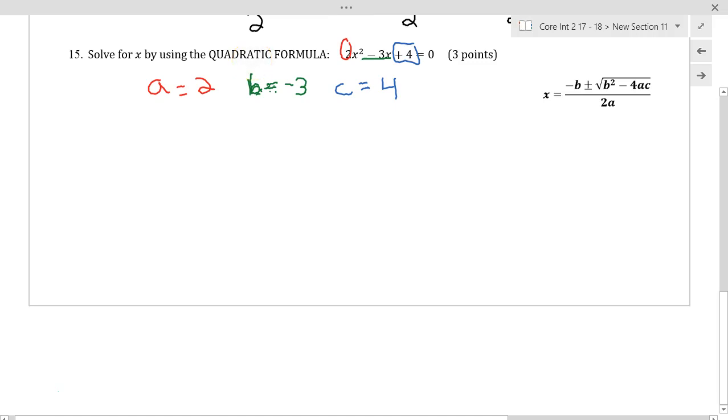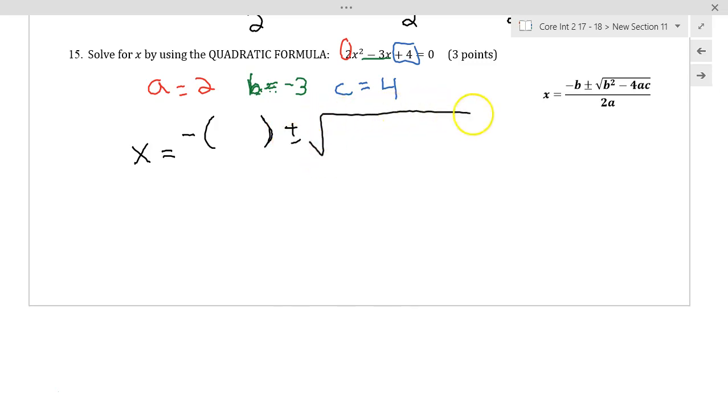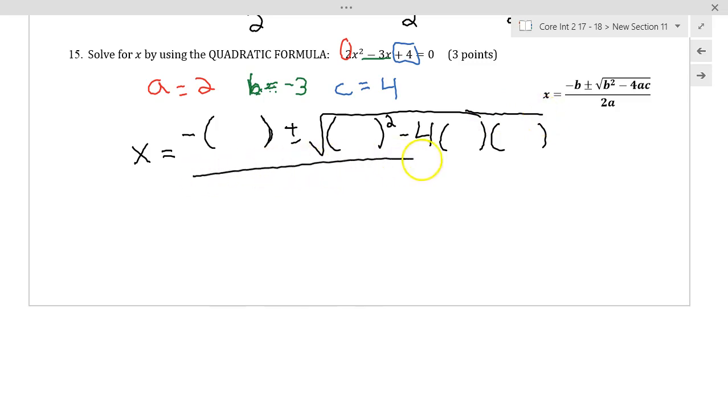Alright, so I'm going to put these in my quadratic formula. x equals the opposite of b, plus or minus the square root of b squared minus 4 times a times c, all over 2 times a.